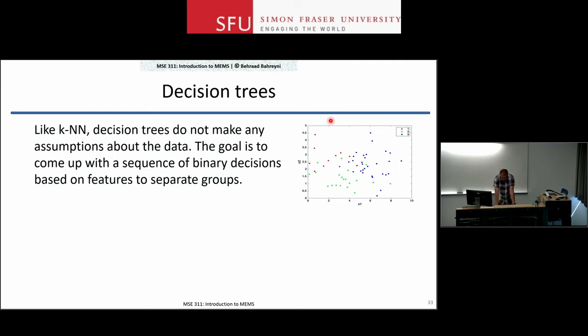So for example, in here, let's say I want to make the largest separation between these data points. I have three classes here: a class blue, a class red, and a class green. And I have only two features, x1 and x2. I want to separate this data set into three classes as best as I can.